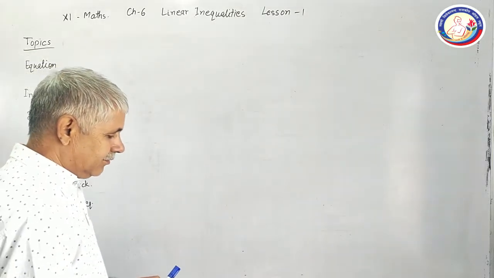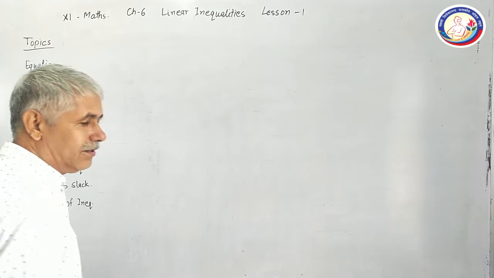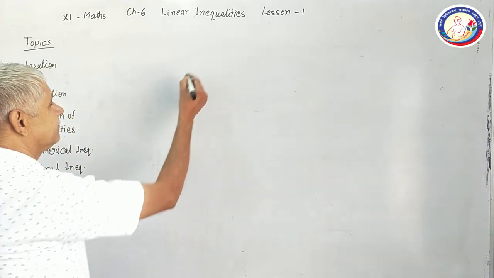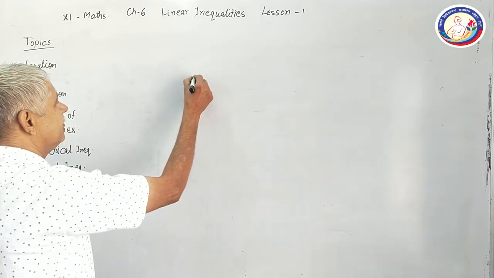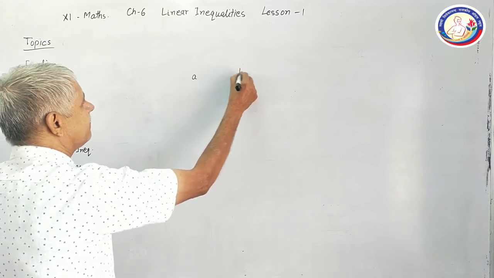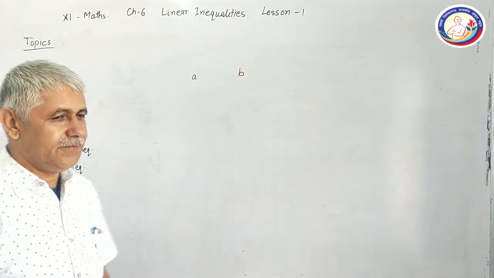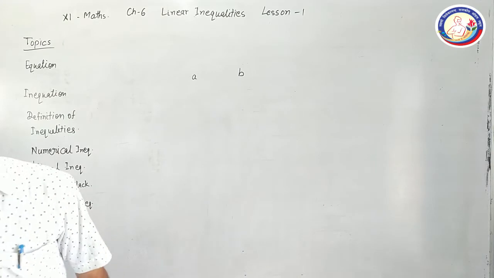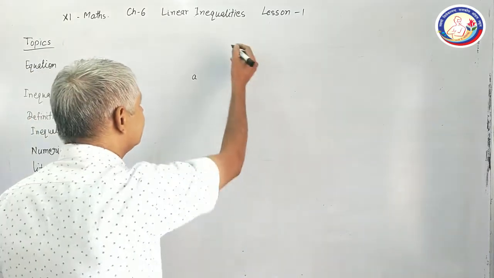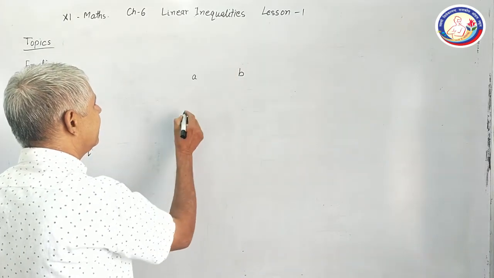If there are two numbers or quantities, say A and B, if we compare these two, three conditions may arise.